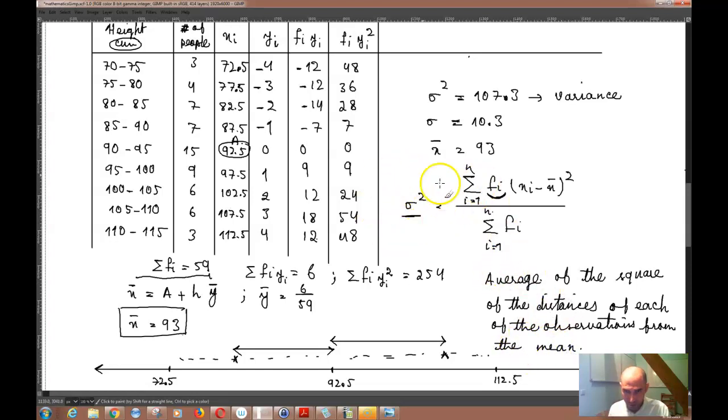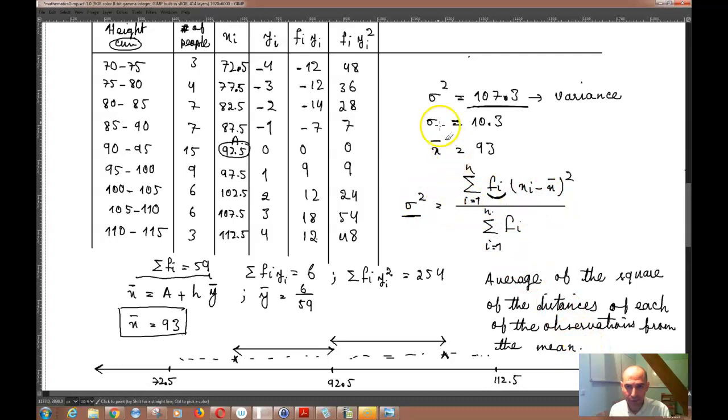So this formula, whatever that is, is the average of the square of the distances of each observation from the mean. That's basically what this is. So that's how you're supposed to understand this number. This number is the average of the square of the distances of each of the observations from the mean.